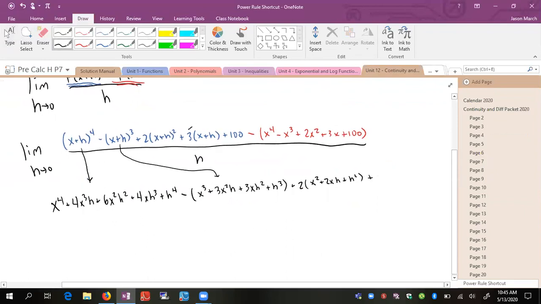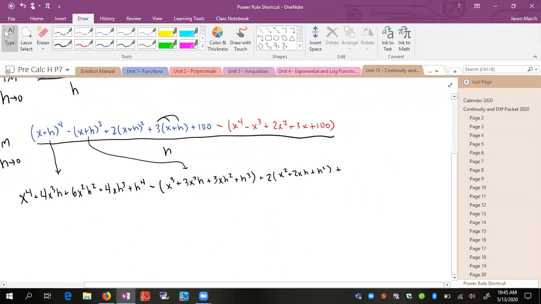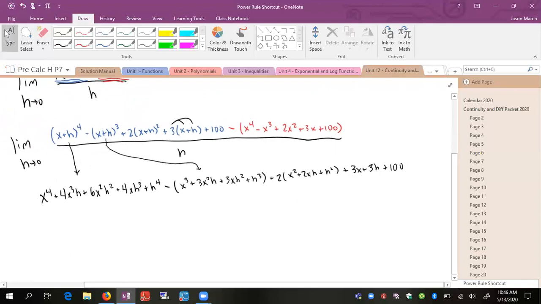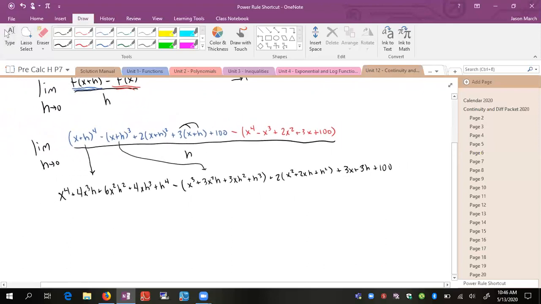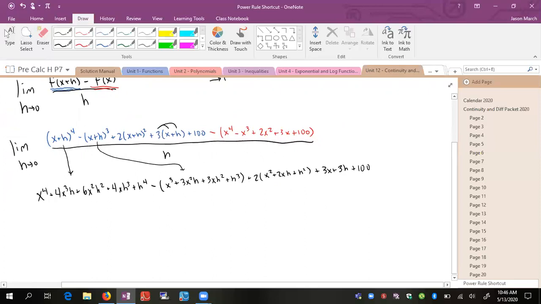Plus, I'm actually just going to go ahead and distribute because that's simple, 3x plus 3h, plus 100. So that is the expanded form, still with a few things I need to distribute, of f of x plus h minus f of x, right?